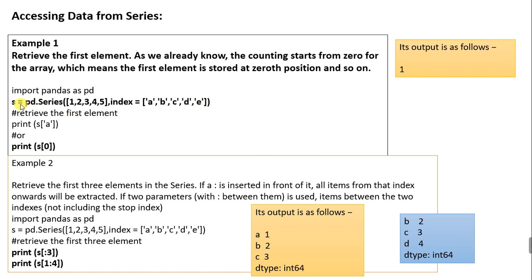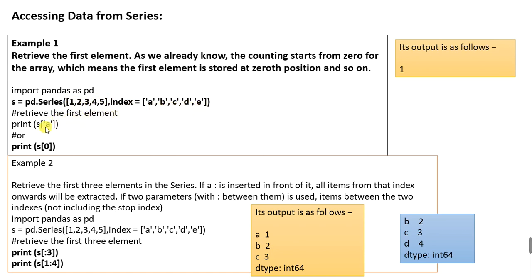Now how? Say our series is s = pd.Series. I am creating this series from the list 1 2 3 4 5. These are the 5 numbers in the list, and I am specifying the index values as a b c d e. Right?